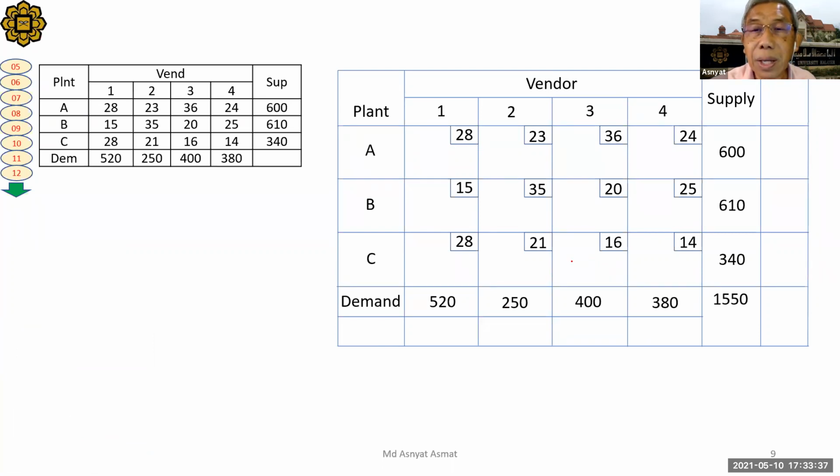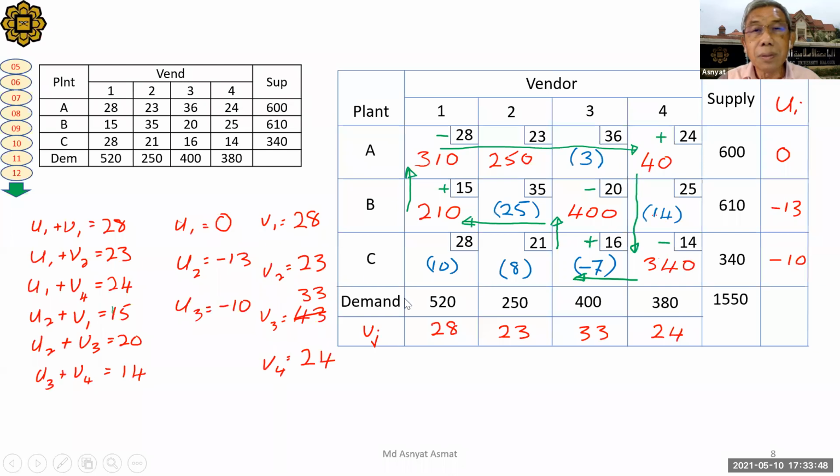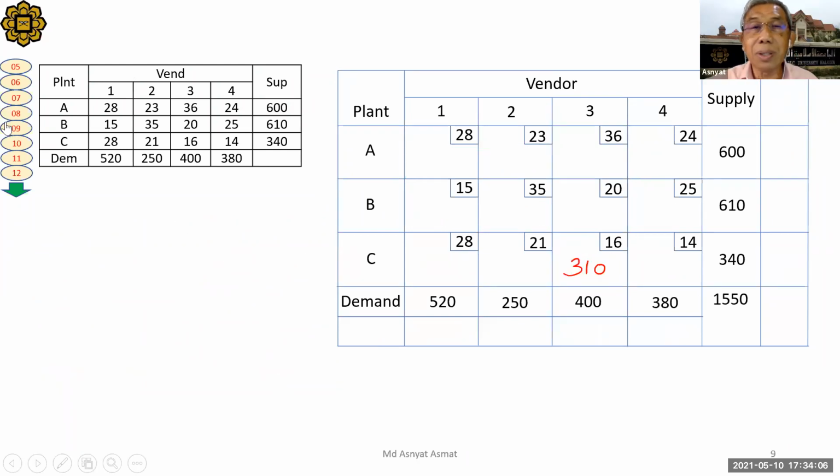We add 310 to nothing. We deduct 310 from 400. What do you get? 90. You write 90 here.